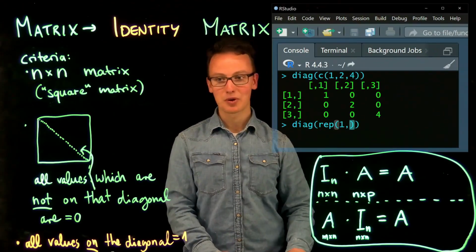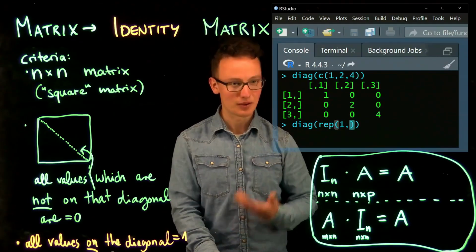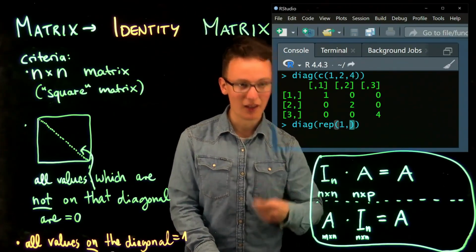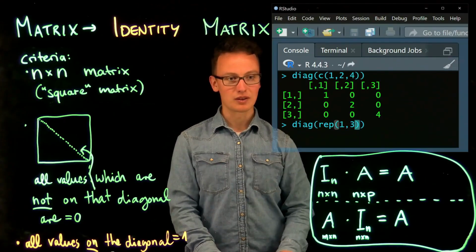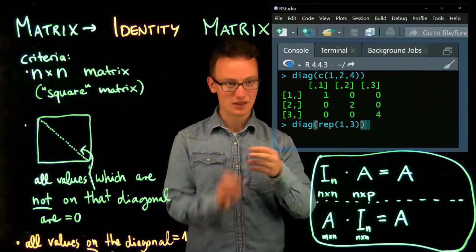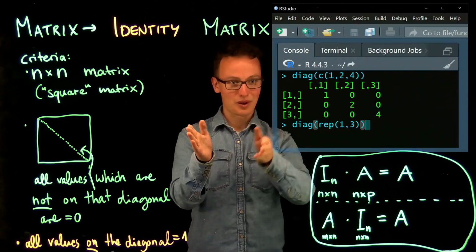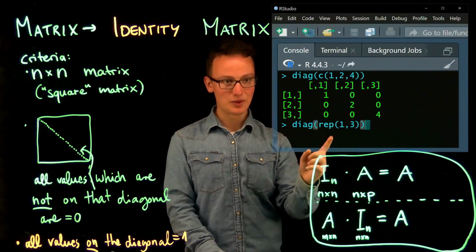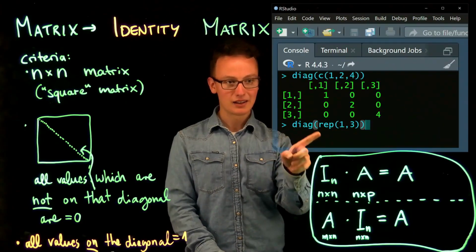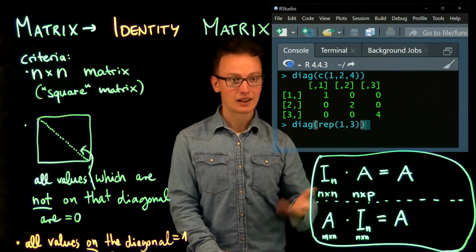We can use the rep command, and as a first argument we will give it 1, which represents the value that it should generate over and over again, and as the second argument we will give it the number of times that we want to generate this value. So we want 3 ones in a row, so a vector with 3 elements, 1, 1, and 1. And this will be our input into this diag function, which will create a diagonal matrix accordingly.